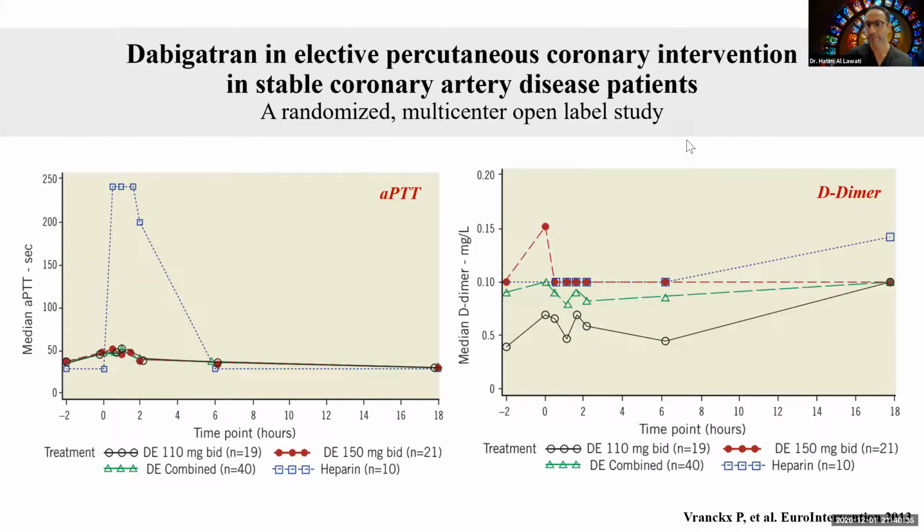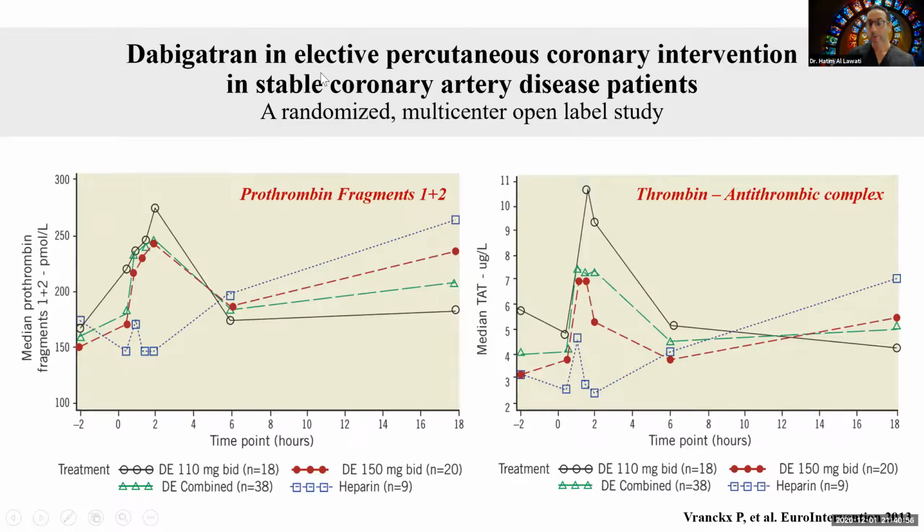That's kind of expected. If you look at D-dimer levels, they are sort of all over the place, but there is a surge in D-dimer levels with the 150 milligram BD dose, suggesting that some clot dissolution is happening.